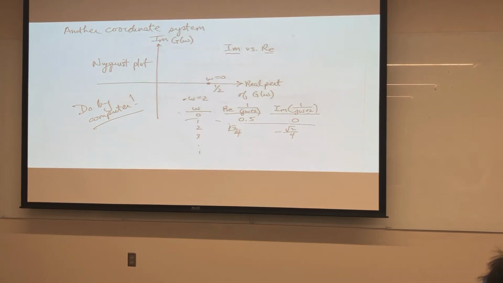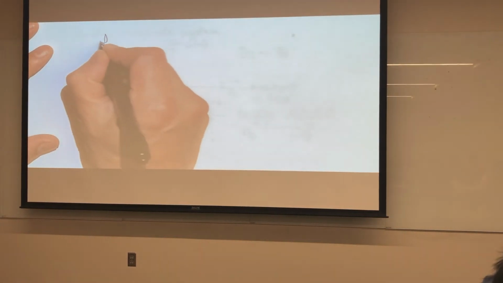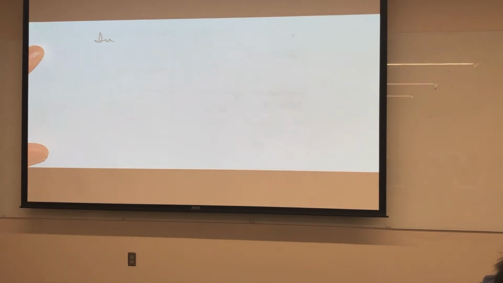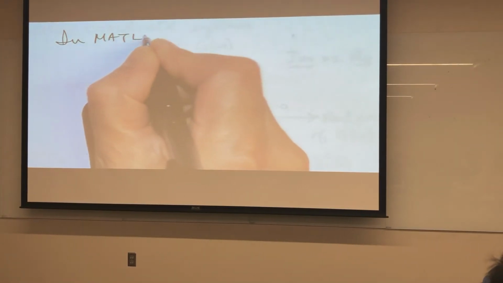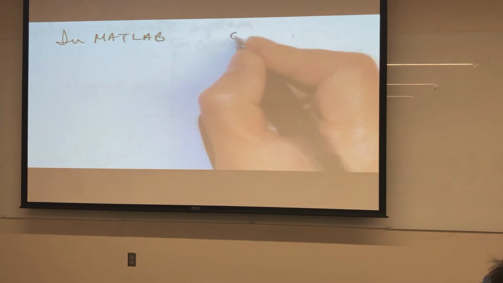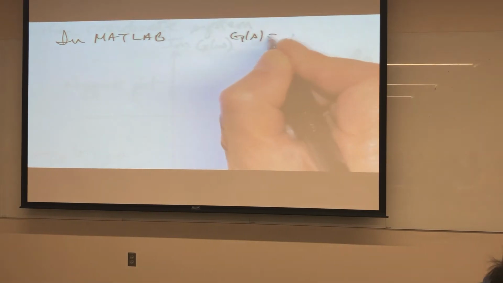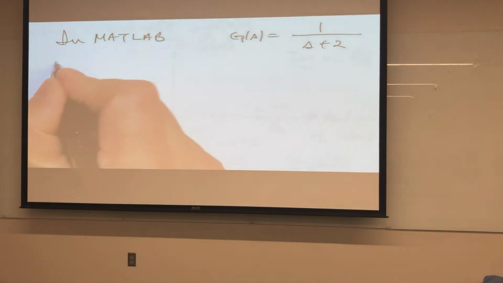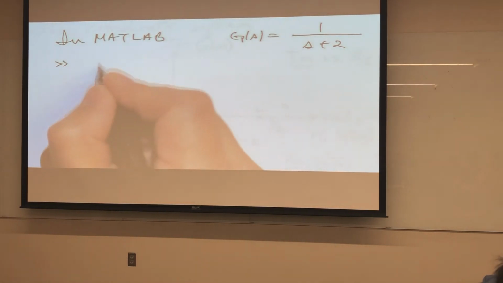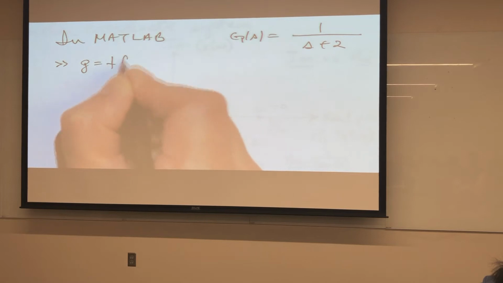So let me tell you how MATLAB will do this. Let's suppose now our problem is G of s equal to 1 over s plus 2. I would first describe G, and we'll do this on Monday.